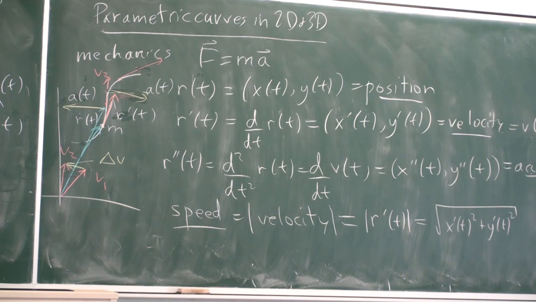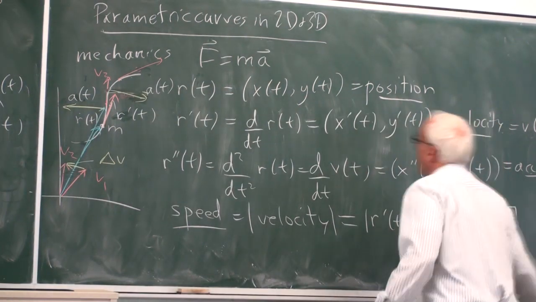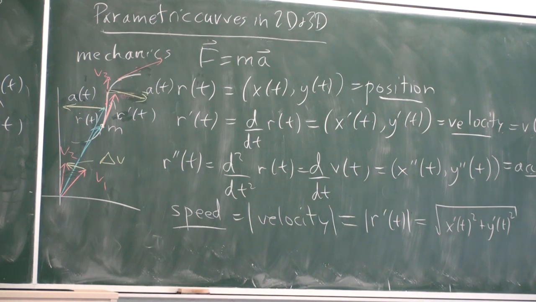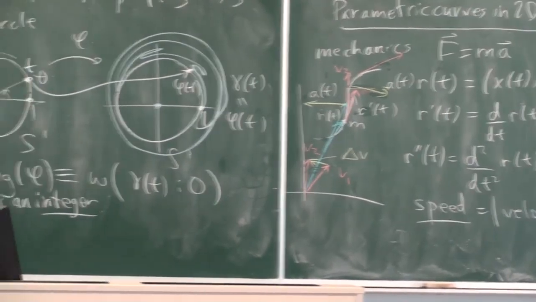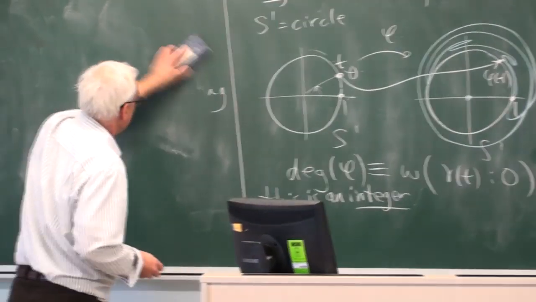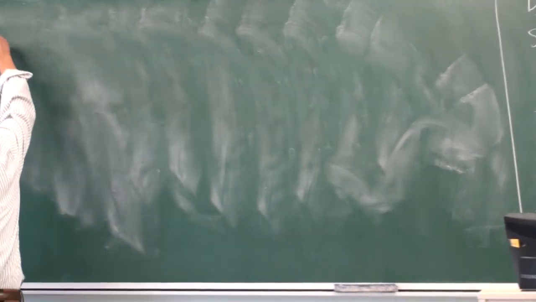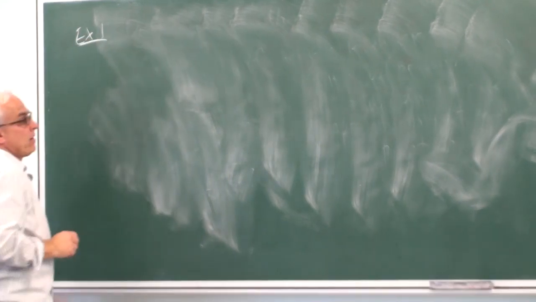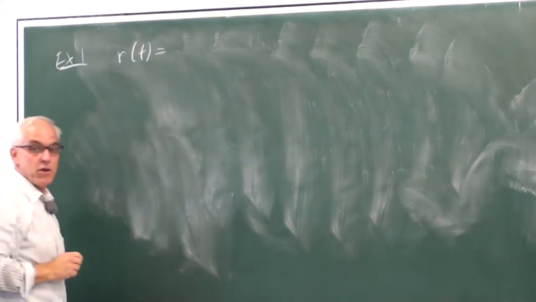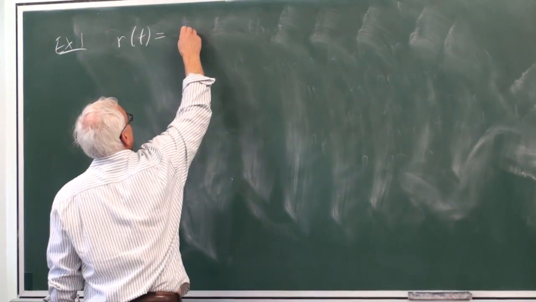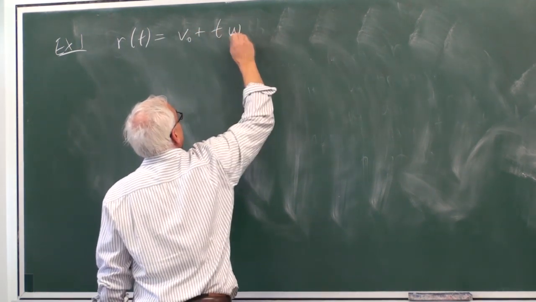Okay, so let's have a look at some important examples. So example 1, perhaps somewhat boring, but we could start with r of t equals some initial vector v, say v0, plus t times some vector w.